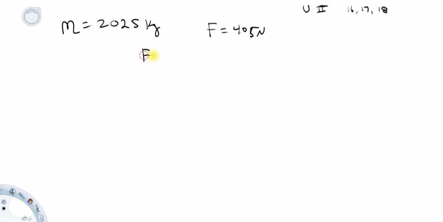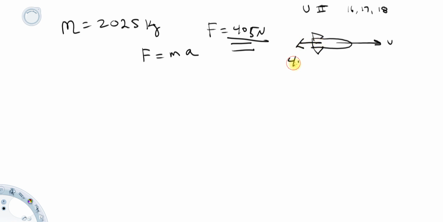Write out Newton's second law, force equals mass times acceleration. Now, these are examples of what are called vectors. And there's a little bit to this. So the rocket, let's say, is moving in this direction. So I'm going to put a V here for velocity. This rocket is slowing down, meaning that the force, this 405 newtons, is pointing this way, opposite of the velocity to slow the rocket down.